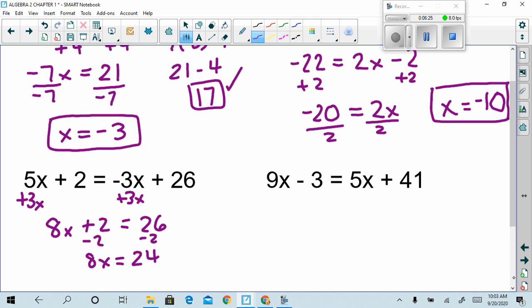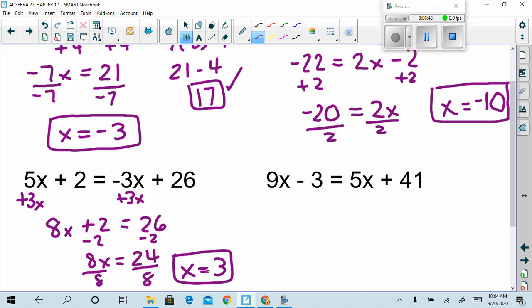I will divide by 8, and x is equal to 3 is my solution. Once again, if that x was replaced in both places and simplified the left and simplified the right, if this is the correct answer, which is a solution, then the two sides will balance.